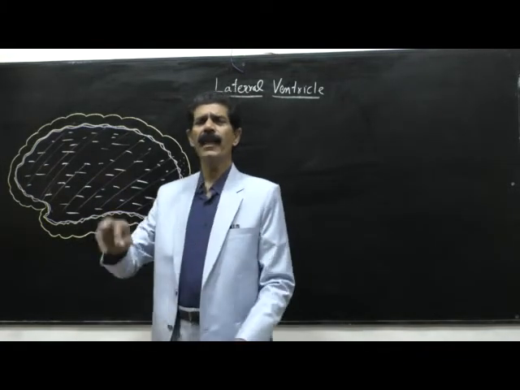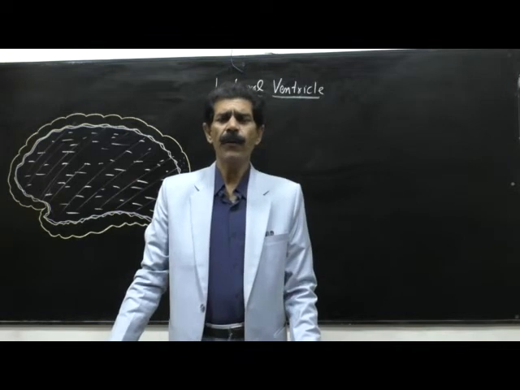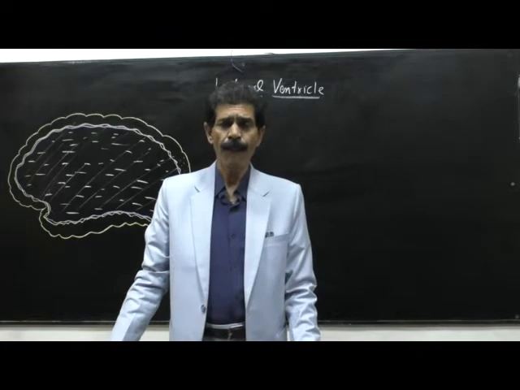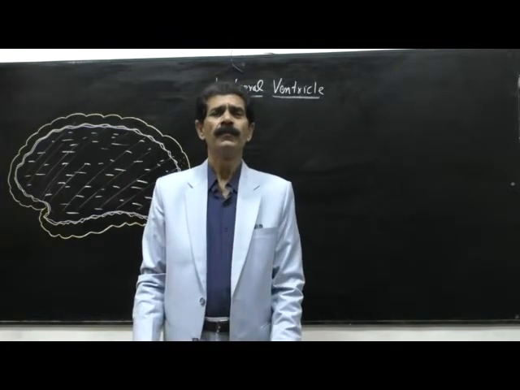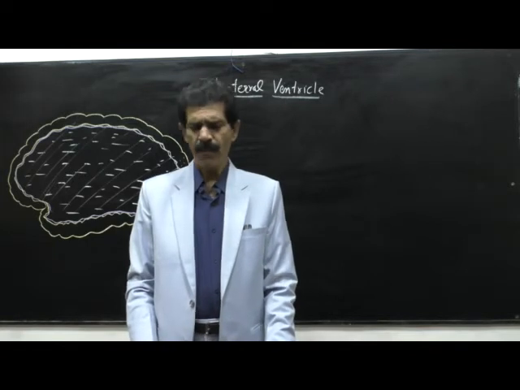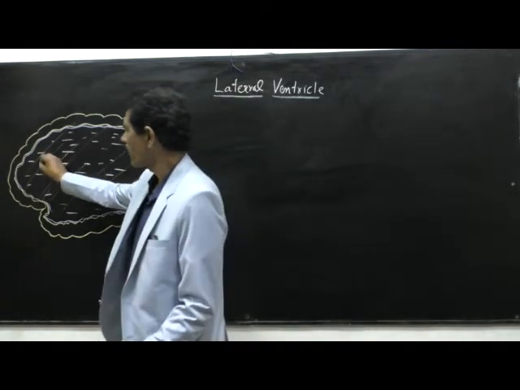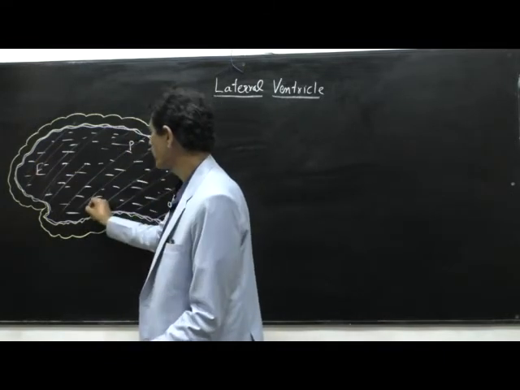But after the development of the basal ganglia, the hippocampus, and the corpus callosum, the lateral ventricle shrinks and its shape changes. But in the primitive stage also, the cavity was in the frontal lobe, parietal lobe, occipital lobe, as well as the temporal lobe.